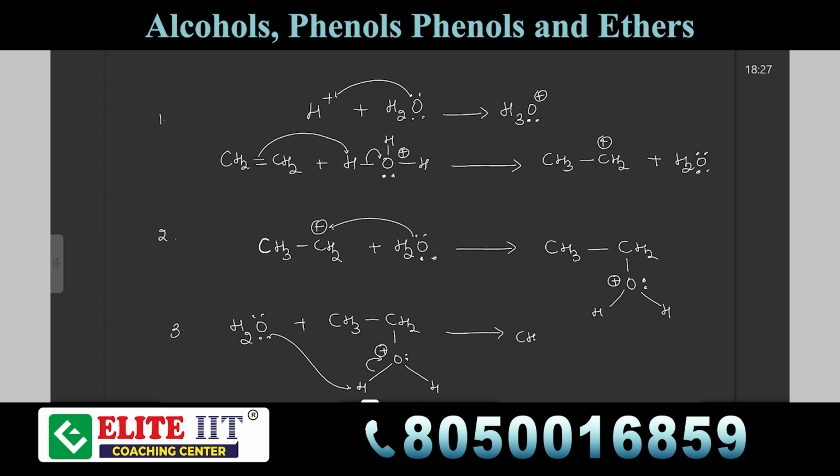We get the alcohol, that is CH3CH2OH, with formation of H3O plus. So that is how you can prepare the alcohol. They can ask you any alcohol here, but generally for your syllabus we have ethene to ethanol.